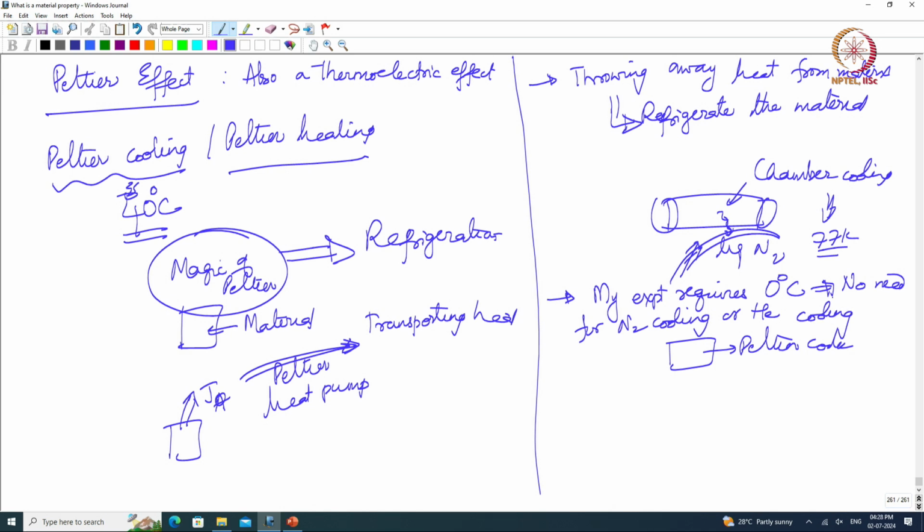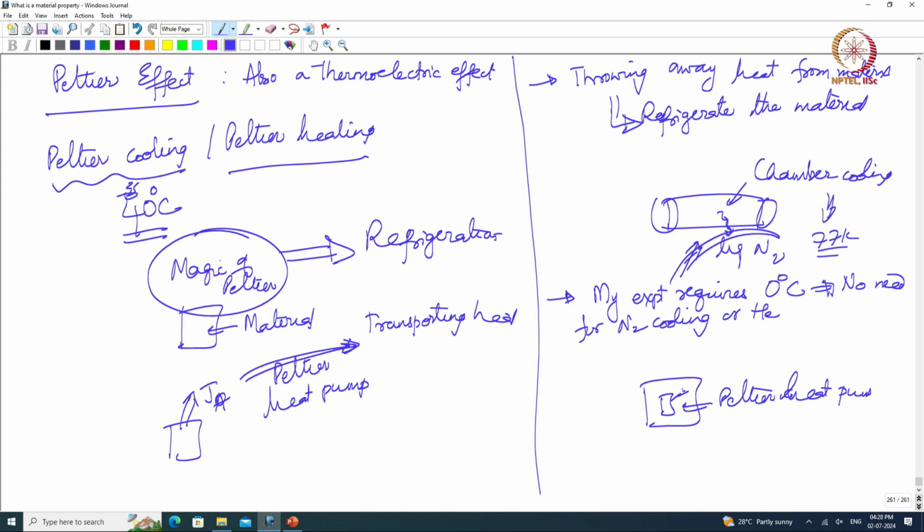I can just put my device on a Peltier cooler or heat pump, and the Peltier heat pump will suck out the heat from my device.